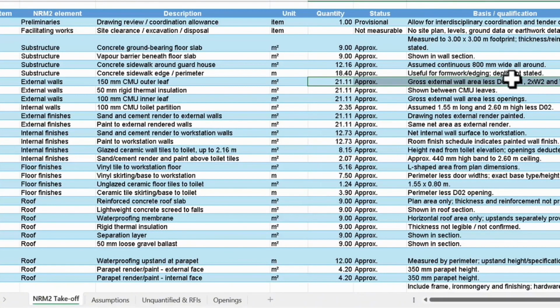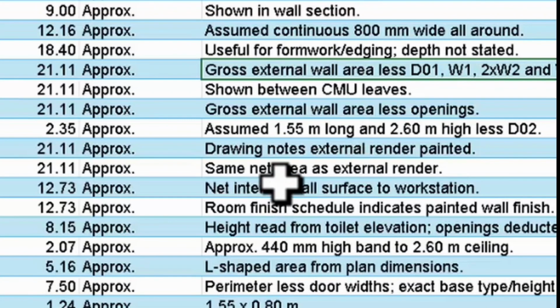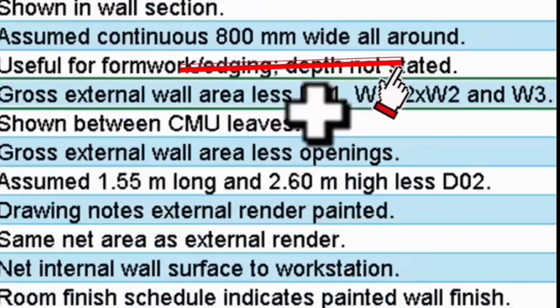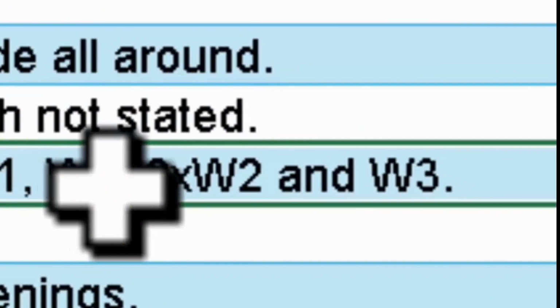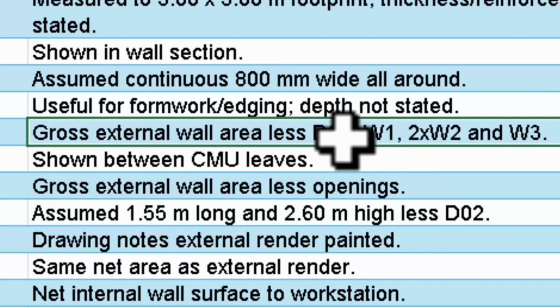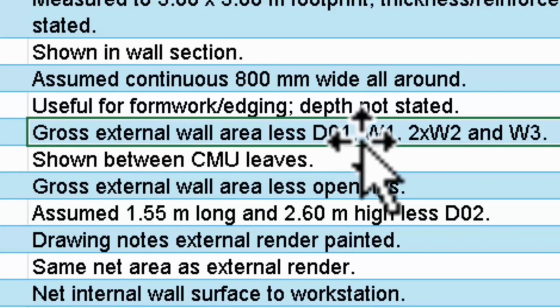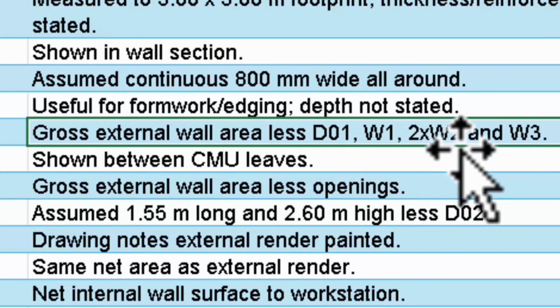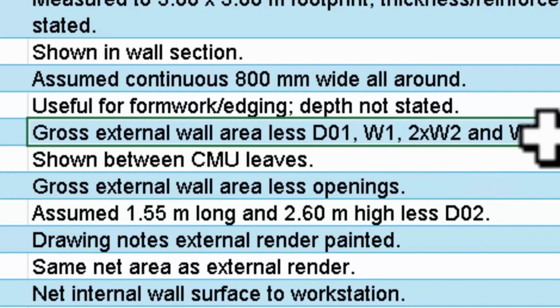So it gives the quantities as well. And this is the very important basic quantification method, in which you can clearly understand how ChatGPT quantified this, right? For example, it says 21.11. Gross external wall area less D01 window. So what he has done, he got the full area, then he deducted the door opening D01, W1, 2 into W2 and W3.